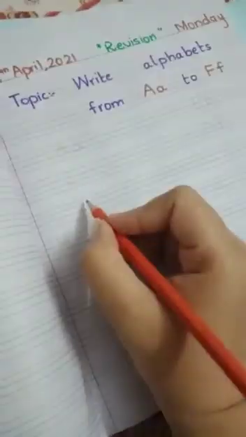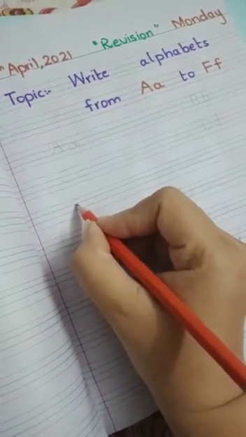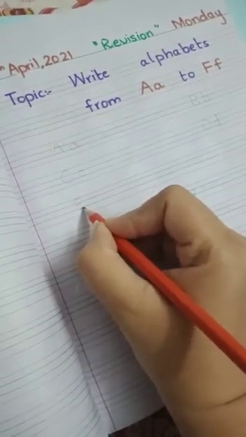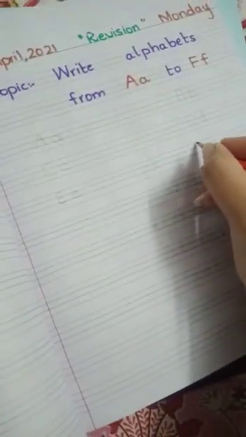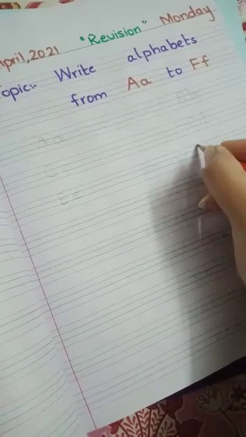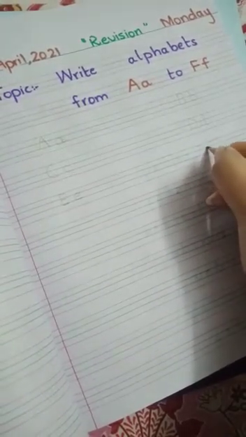A, B, C, D, then E. Capital E and small e. A, B, C, D, E, and what comes after E? F. Right here, capital F and small f.